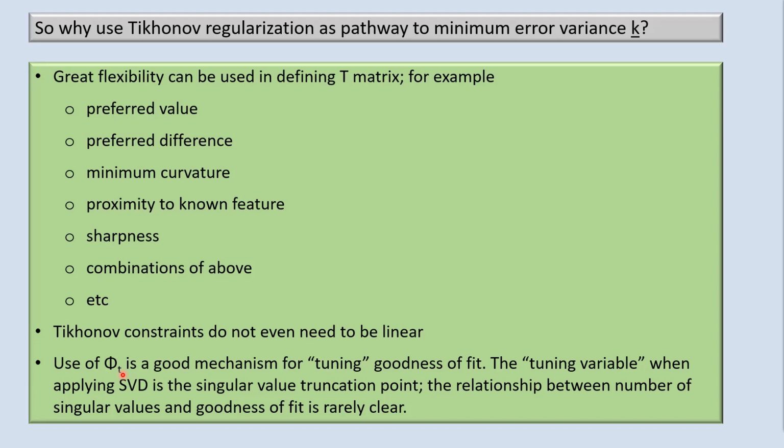With singular value decomposition, it's not quite the same. Our lever there is the truncation point, the number of singular values that we use to separate solution space from null space. It is harder to find the correct value for the truncation point, and everything is based on a Karhunen-Loève transformation which hardwires in our pre-selection of what heterogeneity should look like. There's little room for surprise if parameter heterogeneity arises in certain places and in ways we didn't expect.